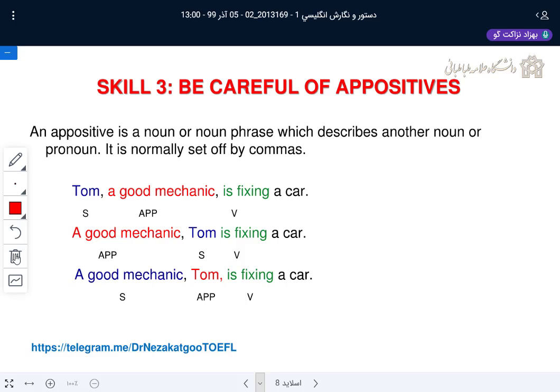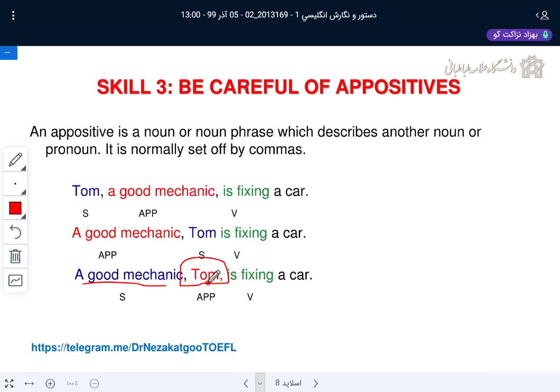So: a good mechanic, comma, Tom, comma, is fixing a car. So this sentence, I mean this third one, tells me mechanic is the subject, Tom is an appositive.